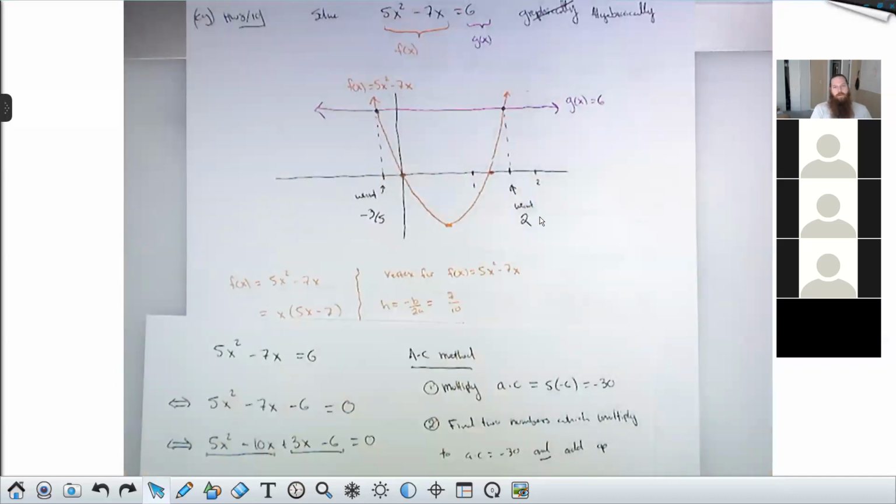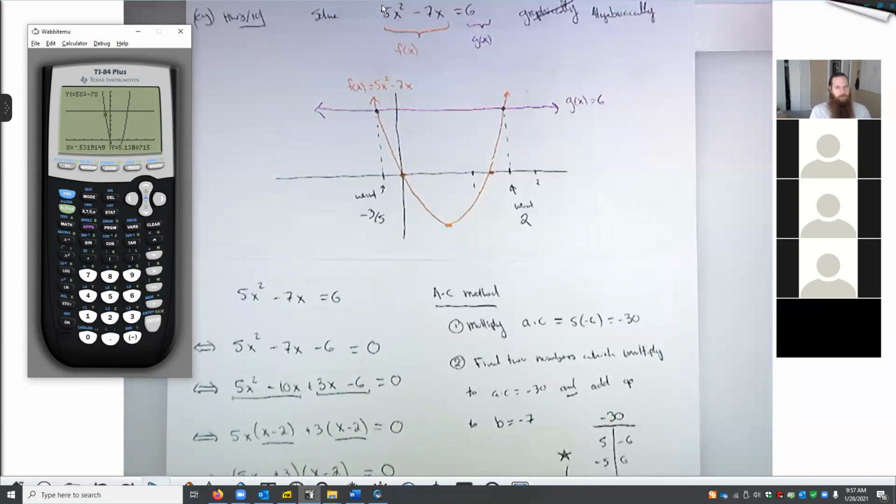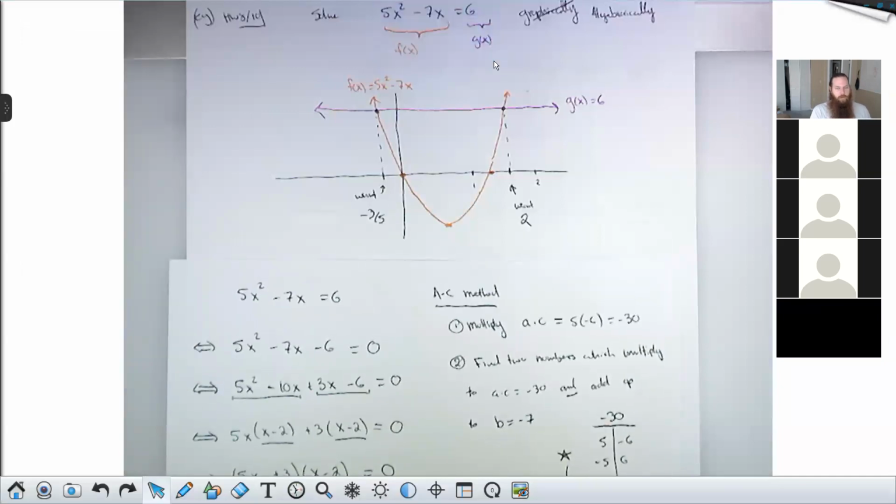But there's no way we could have seen that from the graph, either from the graph that I drew by hand or the graph on the graphing calculator. Both of those would have been hard to detect. But the idea here is that the solutions to the equation f of x equals g of x are the x values where the graphs touch. That is the concept that they're asking you to understand there.